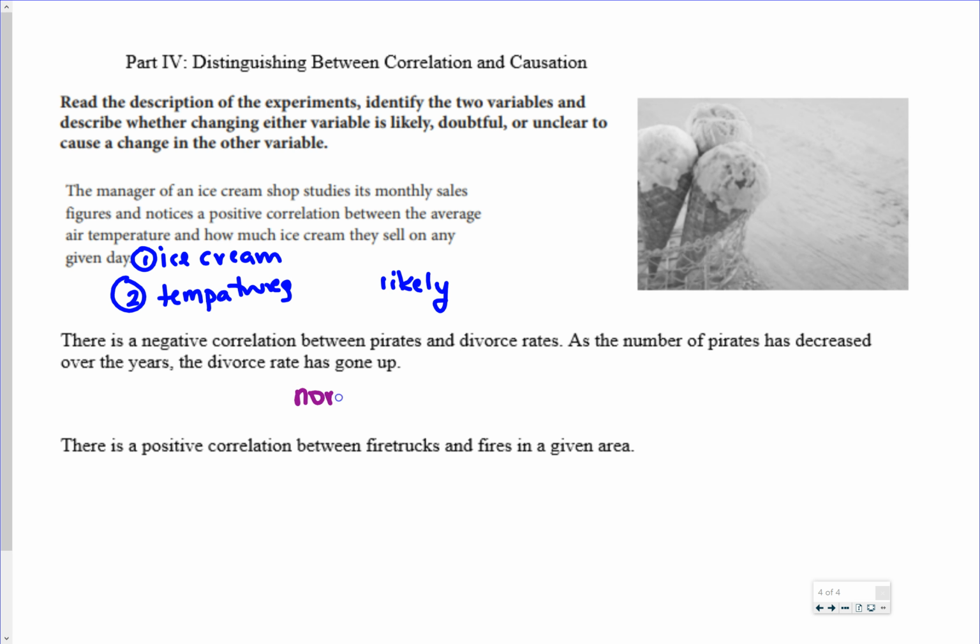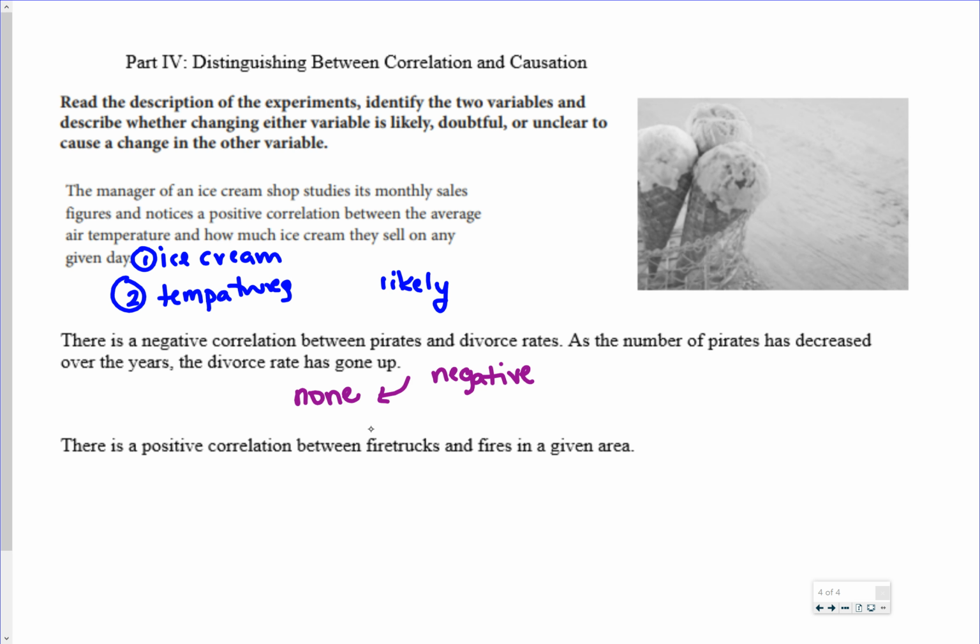It's just a coincidence that this has happened. It's not like the pirates are going around to married people and making them get divorced, right? Even though they have a trend, even though this is negatively correlated, so this is a negative correlation, really, it has no causation, right? There's none. The cause is not true, okay?